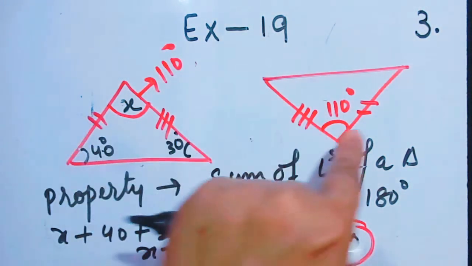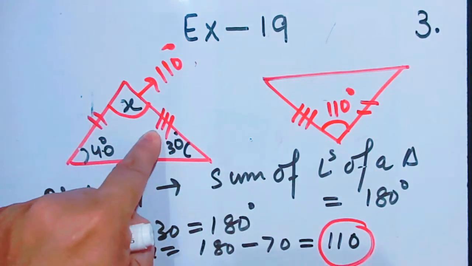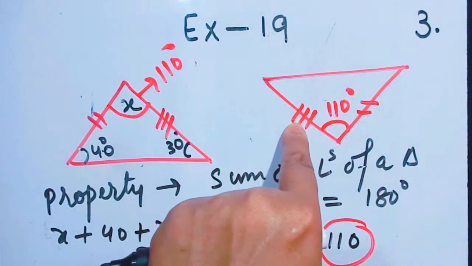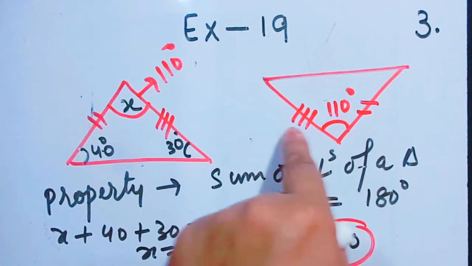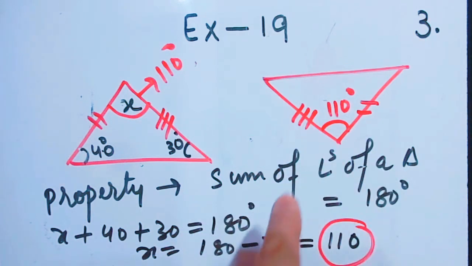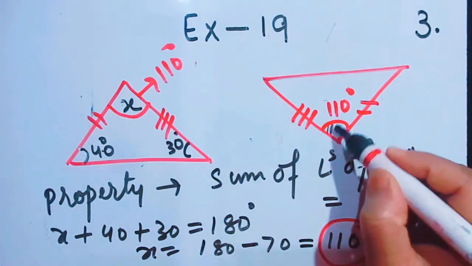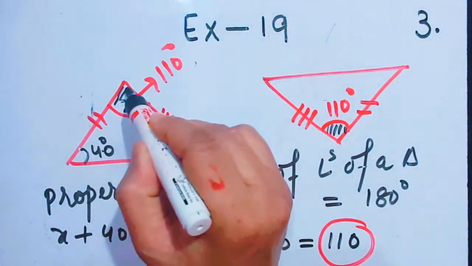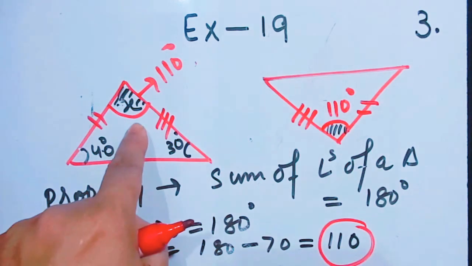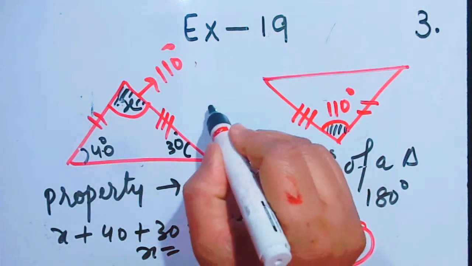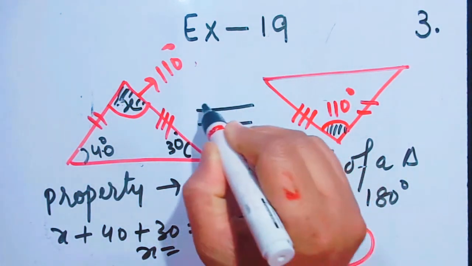Now let us check. This side is equal to this side, fine. This particular side is equal to this particular side, and the included angle, the angle in between, this one that you are seeing, is equal to this particular angle. So we say that these two triangles are congruent.